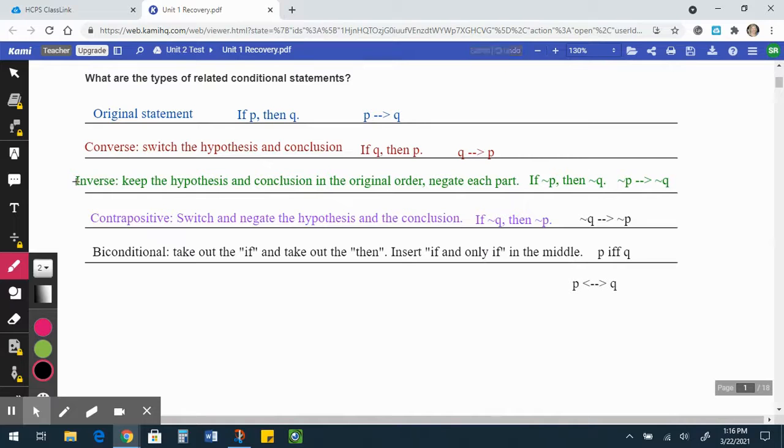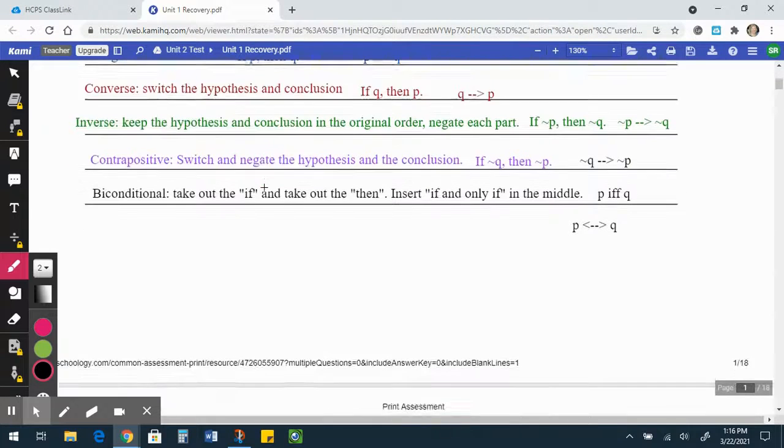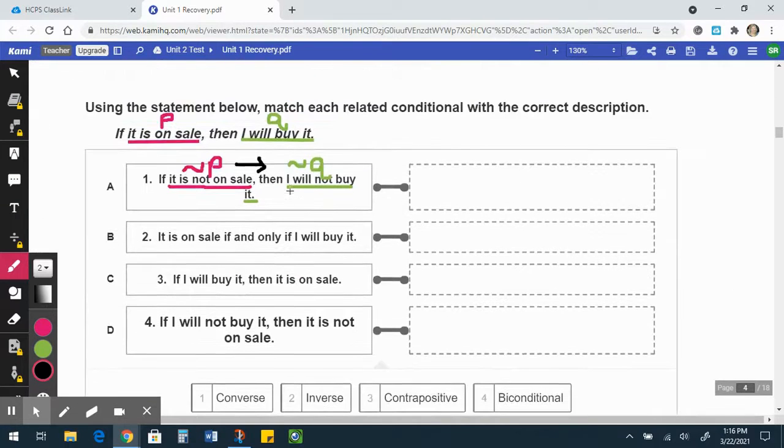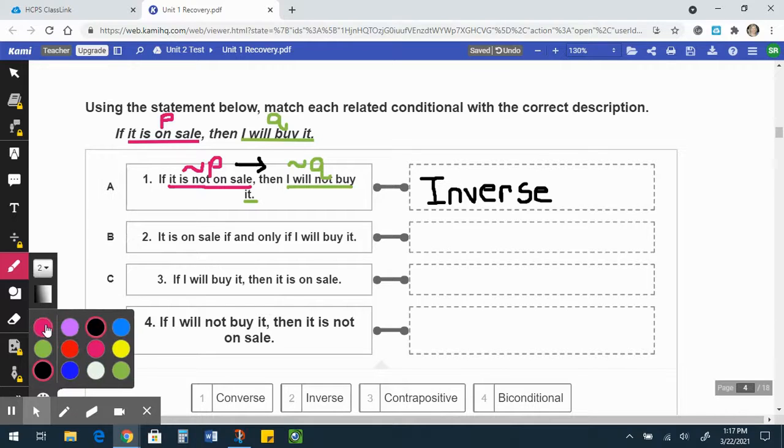That would be the inverse. So the first one here would be inverse. We're just going to do that for 2, 3, and 4. We're going to compare to the original and then determine what type of related conditional it is.